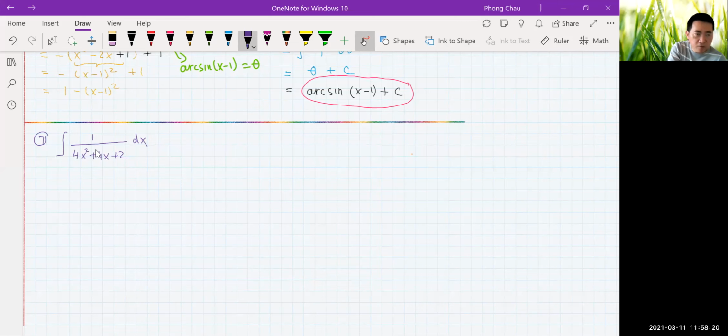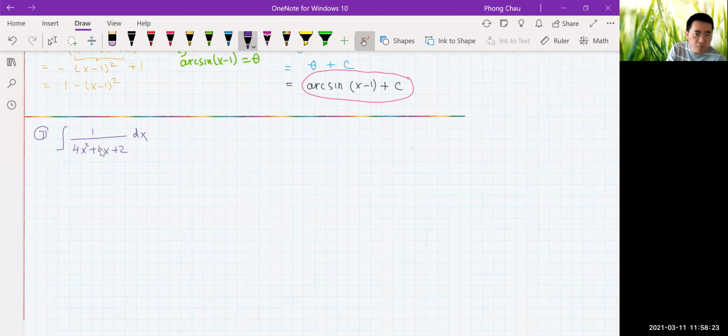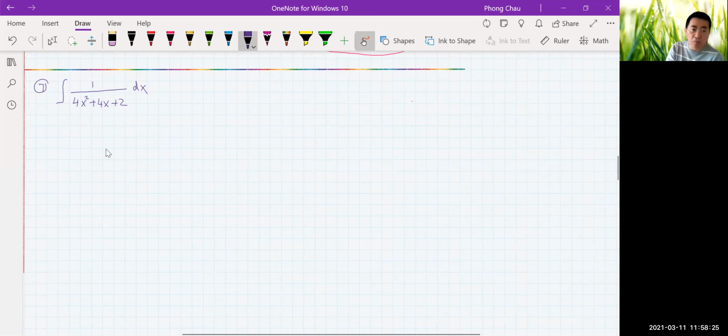And again, to use the trig sub, you might want to put it in the form of a difference of squares or sums of squares, and we don't have it here. And same as number 6, we will need to complete the square on the side first before we can apply the trig sub techniques.